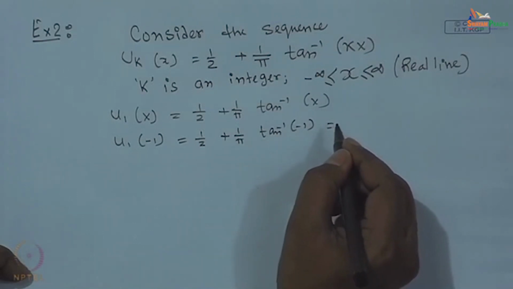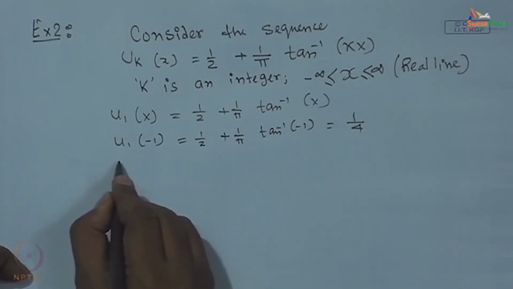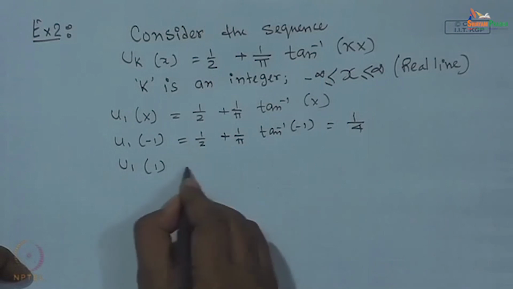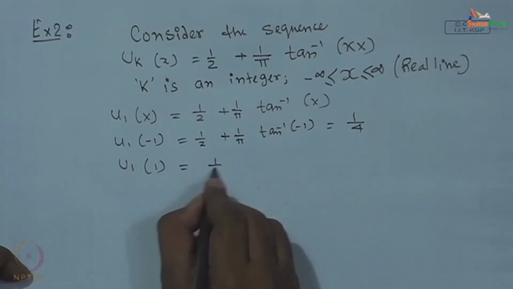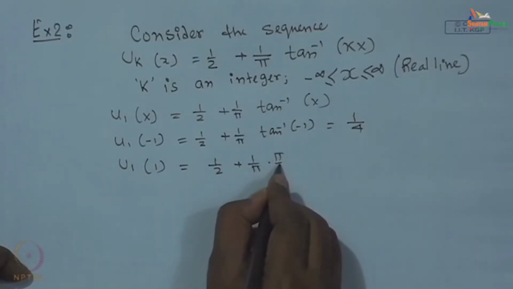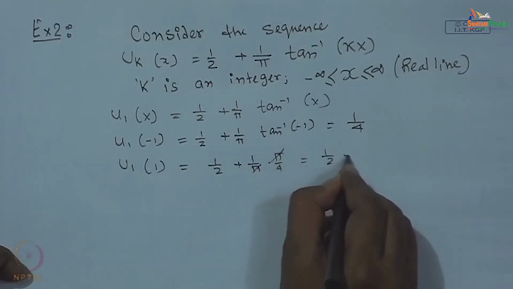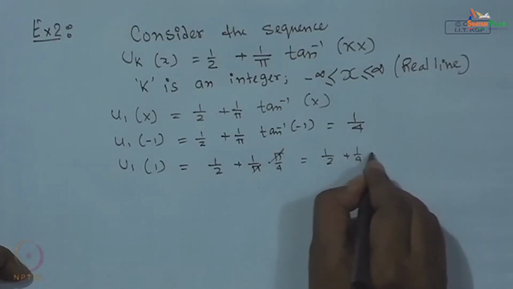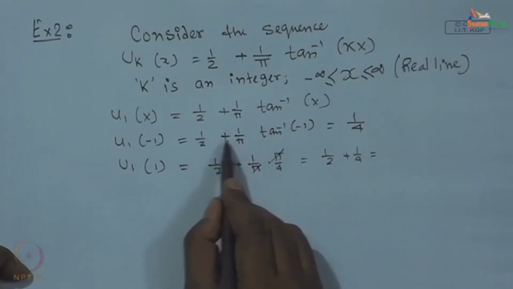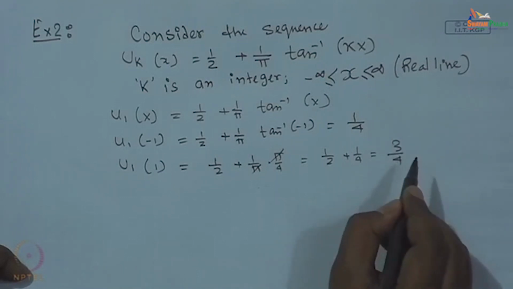So, this will be 1 upon 4, and u1 for the value x equal to 1 will be half plus pi by 4, so 1 by pi will be cancelling out. So, 1 by 2 minus 1 by 4 will be 1 by 4, and in this case 1 by 2 plus 1 by 4 will be 3 by 4.